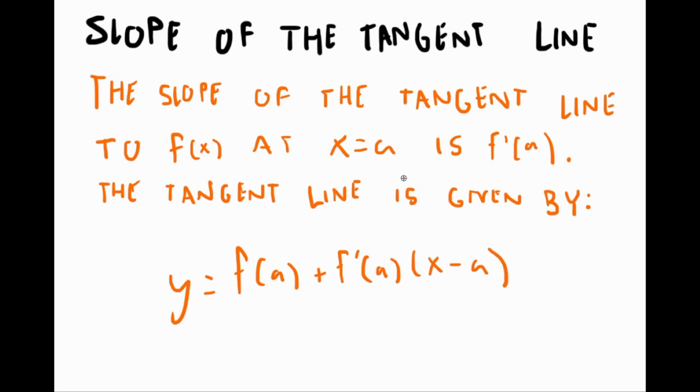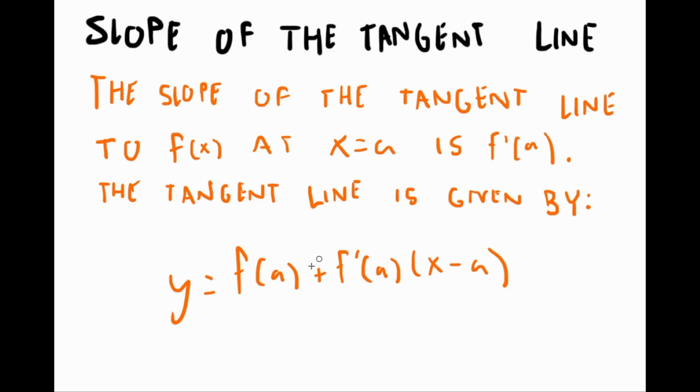So whenever we're going to be asked about finding the slope of the tangent line, we're going to be given a point, at least for these problems we are, and we're going to have to find f prime of a, with a being our given point, in order to fulfill this equation.